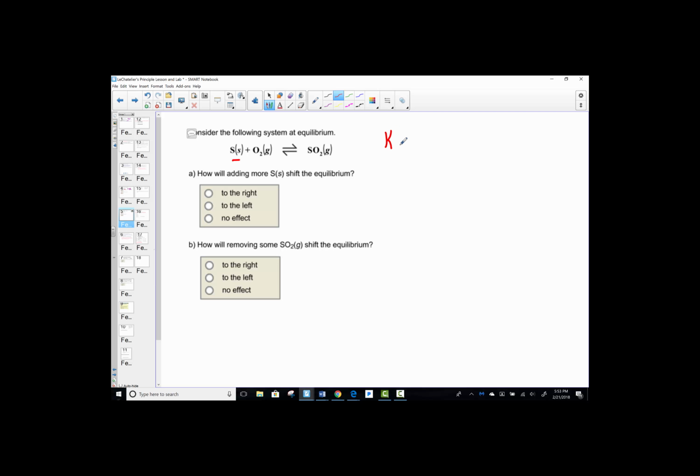Now remember, this equilibrium says that the concentration of SO2, which is in a gaseous form, is set over the concentration of oxygen, all raised to the first power, but we have learned to eliminate pure solids or pure liquids from the equilibrium expression.